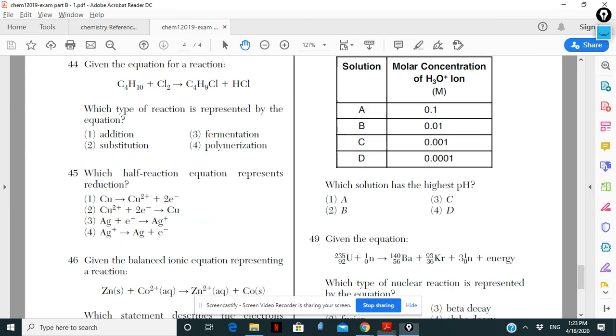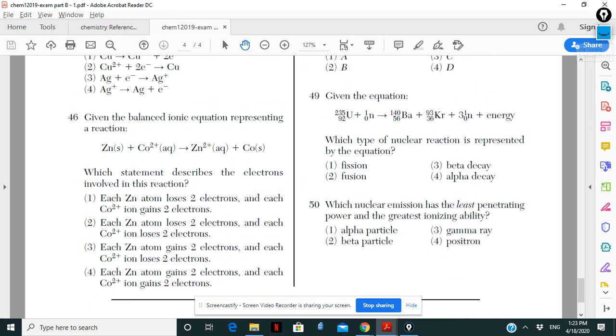Question number 46. Given a balanced ionic equation representing a reaction: zinc reacts with cobalt ion to give zinc ion plus cobalt metal. What happened here? It is talking about losing and gaining electrons.